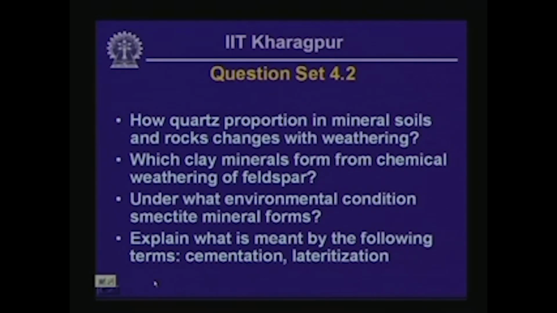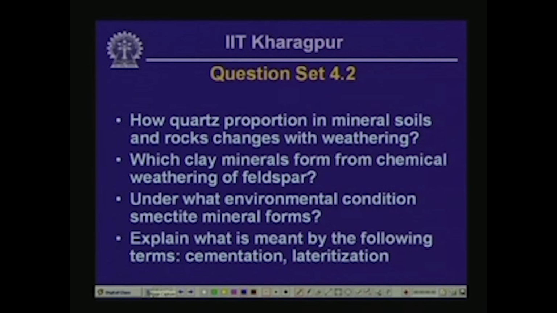Then the second question that I asked was what is meant by lateritization, and this one was also discussed when I was talking about the chemical weathering of orthoclase or K-spar. What was given is essentially a two-step process.